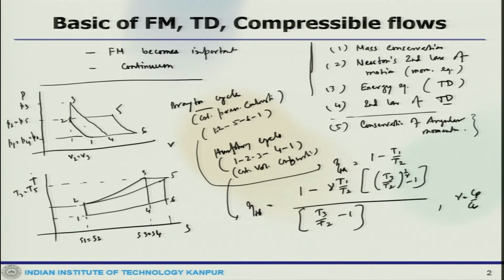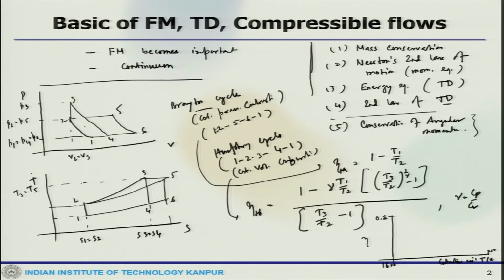So, you can see the cycle efficiency in the Humphrey cycle also depends on T1 by T2 and T3 by T2, in effect the pressure. If you plot a curve for these two, just to compare, this is the combustor exit temperature in Kelvin. Let us say it starts somewhere at 1600, and this is the efficiency, let us say this is 0.8.